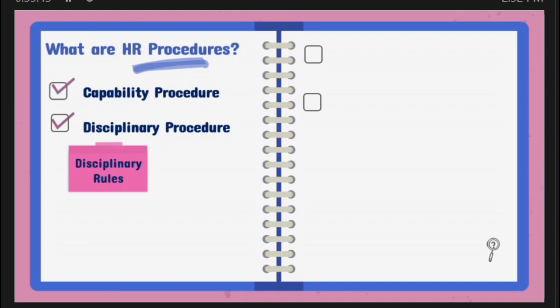For the disciplinary rules, the company is responsible for ensuring that up-to-date disciplinary rules are published and available to all employees. This will set out the circumstances in which an employee could be dismissed for gross misconduct.